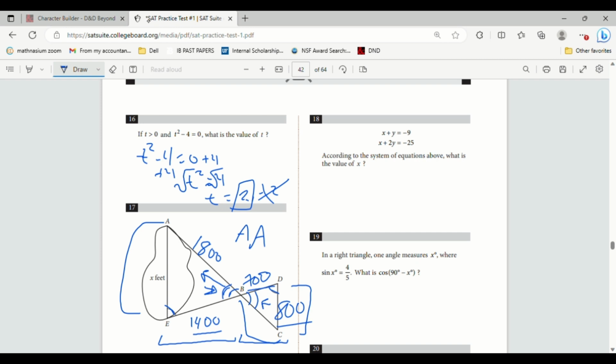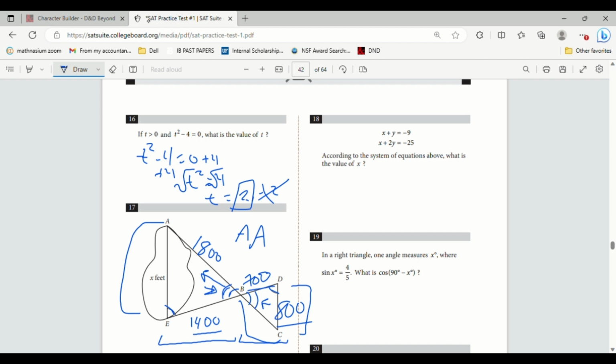And so what we can do here is figure out which of the two methods we want to use. By looking, there are a lot of variables that are just by themselves, but it also wouldn't be very difficult to do it by elimination. We can do this one by, for example, substitution.